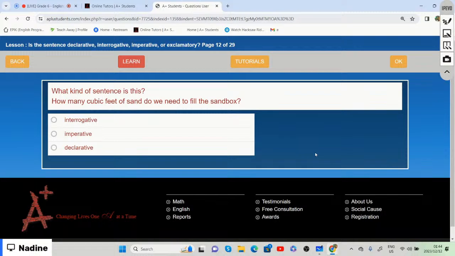So what kind of sentence is this? How many cubic feet of sand do we need to fill the sandbox? So it is either an interrogative sentence because it ends with a question mark, or it is an imperative sentence, or it is a declarative sentence. Remember, it's ending with a question mark.